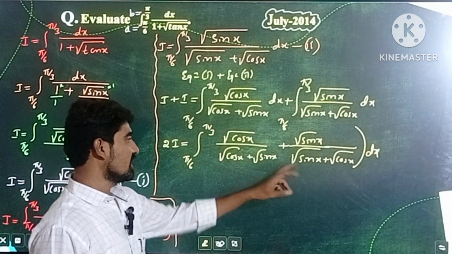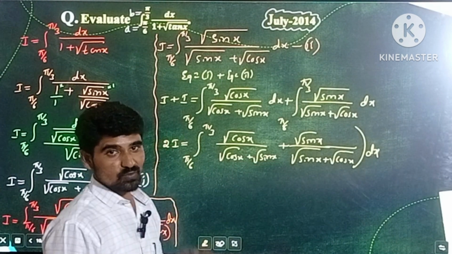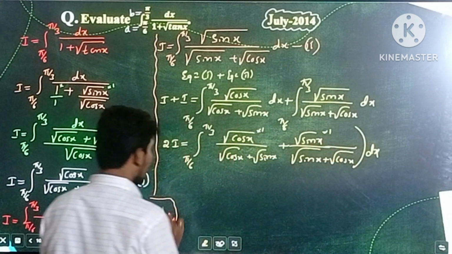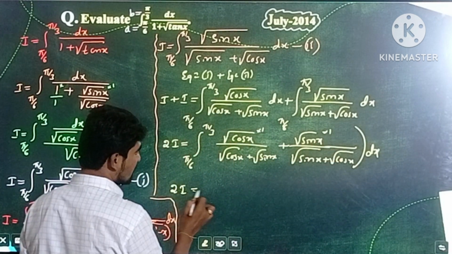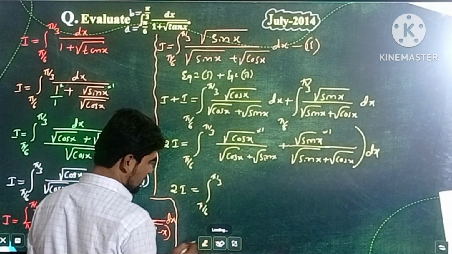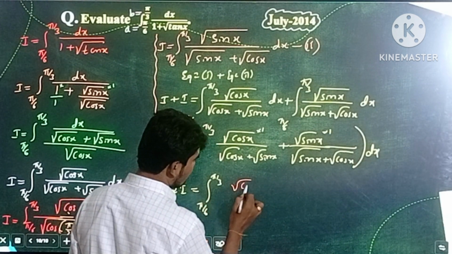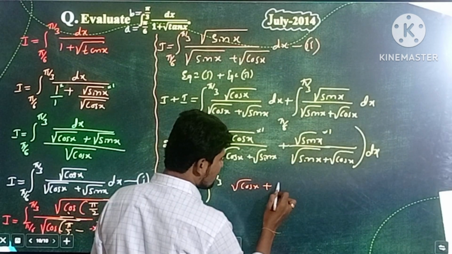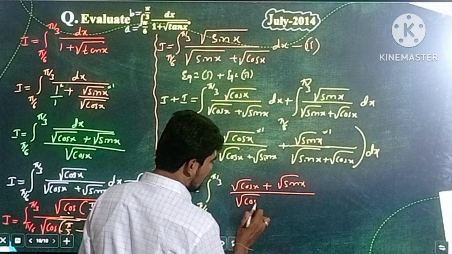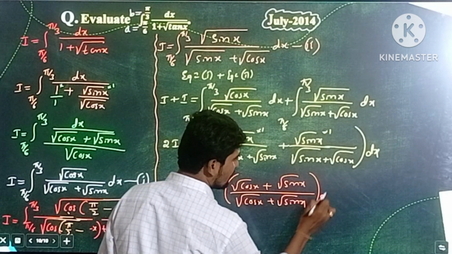And now here I can take the LCM of root cos x plus root sin x, and root cos x plus root sin x is root cos x plus root sin x. So here multiplied by 1, here also multiplied by 1. So 2i is equals to integration from pi by 6 to pi by 3, root cos x into 1, plus root sin x into 1, divided by LCM, root cos x plus root sin x, with respect to x.